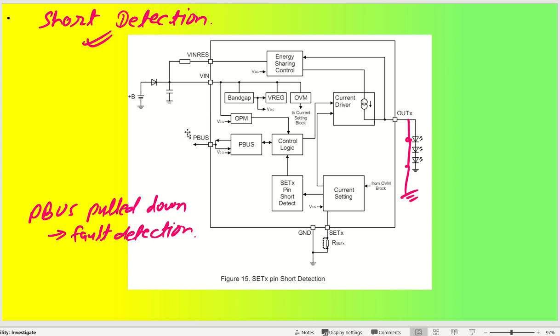If it is pulled down, it is going to indicate a fault. So in the circuit design we keep it pulled up, let's say to 3V3 or 5 volt, and whenever there is a fault at any place, it will be pulled down and become 0, and this is how we can recognize that the IC is in fault condition, so that the IC is not damaged.